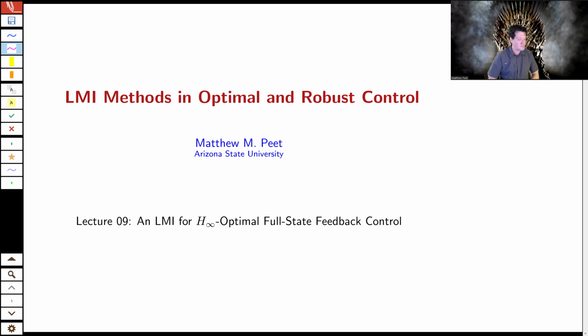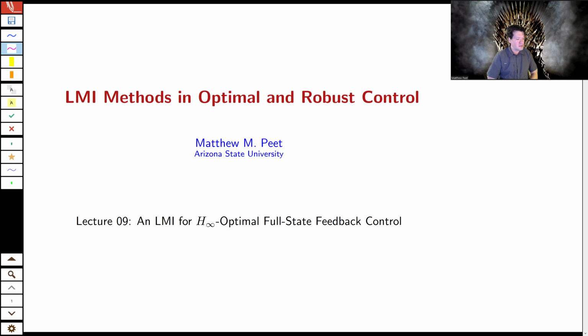robust control. Now, this lecture itself is rather short. 13 slides, I think, I have it at. And that's not because it's not a significant result. It's just that we've built up enough mathematical machinery and notation that we can efficiently present the results without much ado.